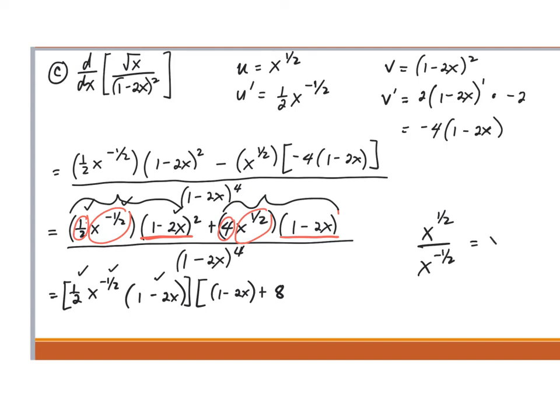So we copy the base and subtract the exponents. So 1/2 minus negative 1/2 is actually just 1. So that is just x. And then 1 minus 2x divided by 1 minus 2x is 1. So we have this, which is much simpler. And then keep the denominator as 1 minus 2x to the power of 4.